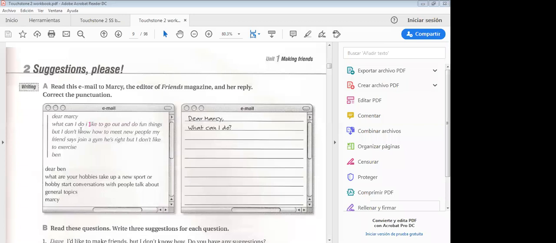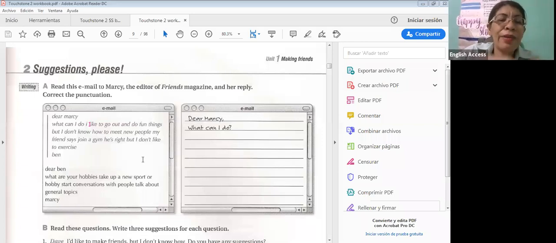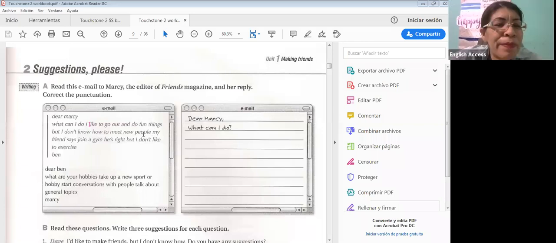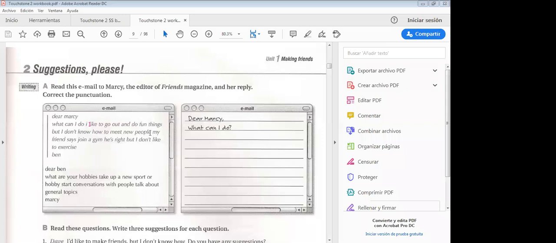What do we need here? A question mark? No, it's a sentence. No, that part is correct. I don't know how to meet new people. That is correct. We need something here between people and my. A period. Yes, we need a period here.